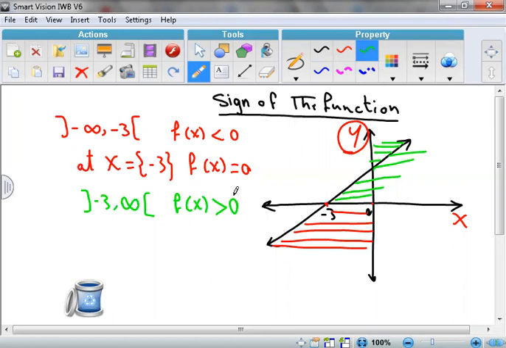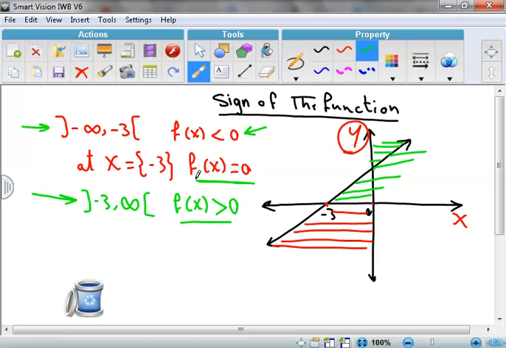Then the sign of the function means: find the interval where the function is opposite the negative y-axis, where f of x is less than 0; find the interval where the function is opposite the positive y-axis, where f of x is greater than 0; and find the set which gives f of x equals 0.